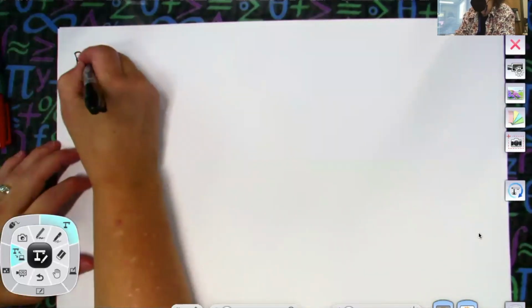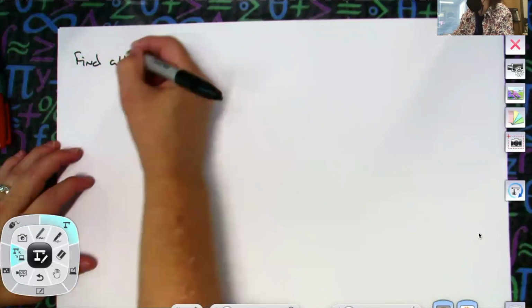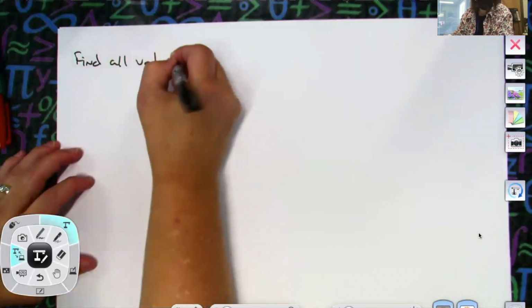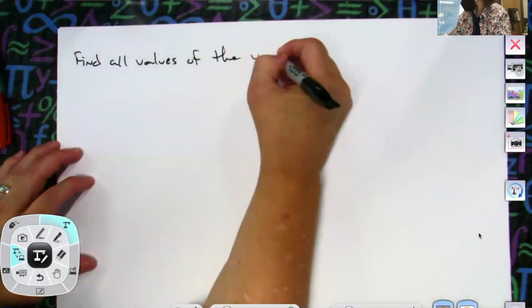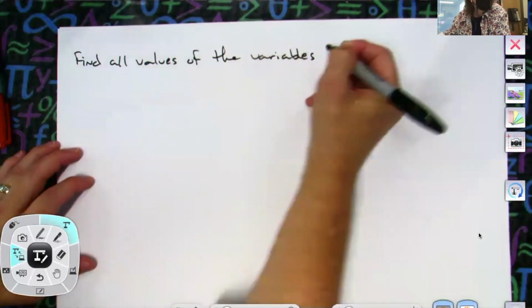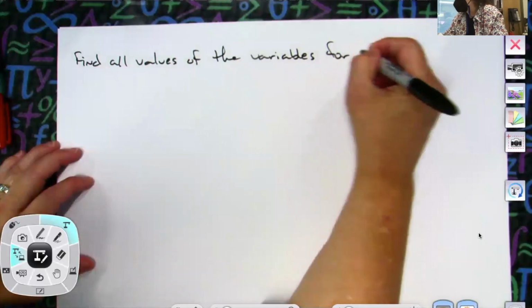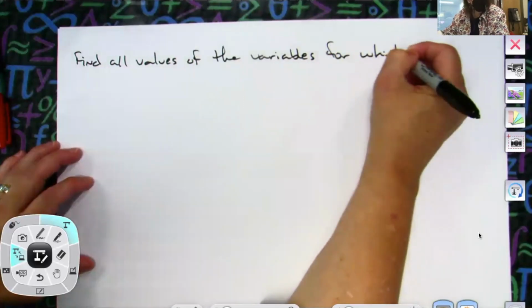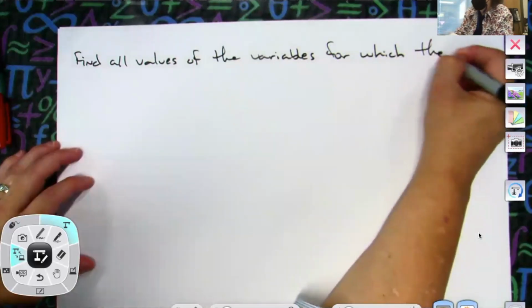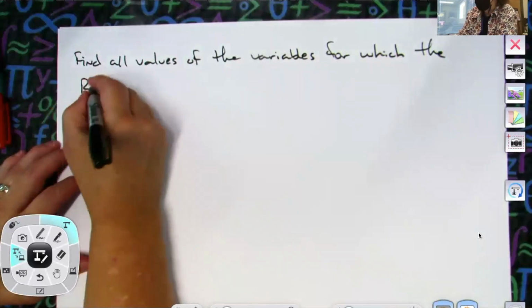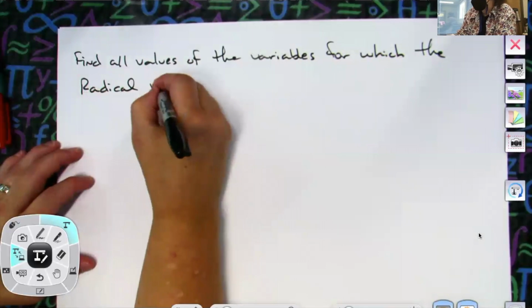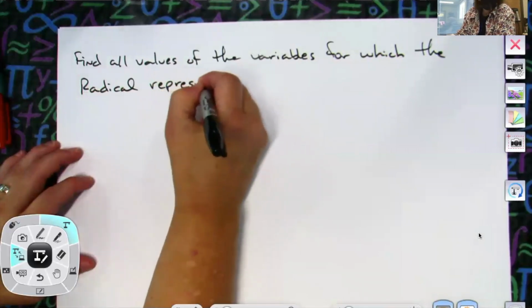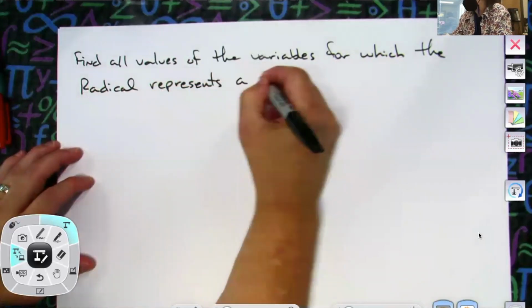You're going to see some things that say: find all values of the variables for which the radical represents a real number.